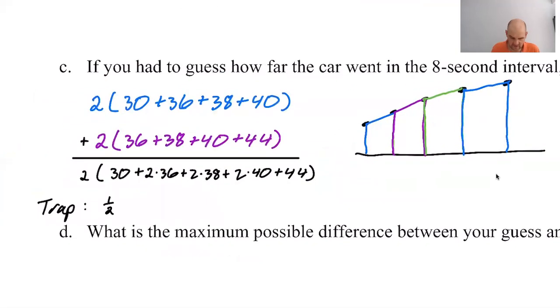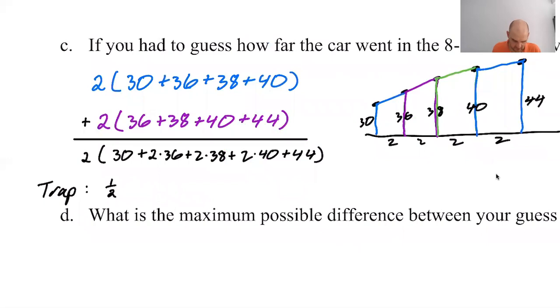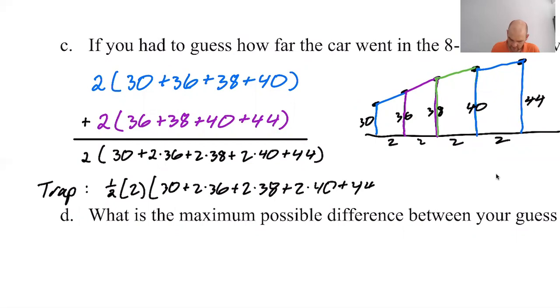So we get 2, 1/2, 2. Each of these was 2. This is your 30. This is 36, 38, 40, and then 44. So that's why it happens. It's 1/2, 2, and then 30, 2 times 36, 2 times 38, 2 times 40, and just 44.